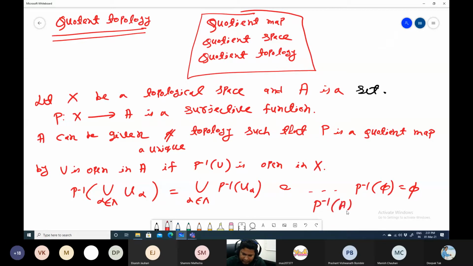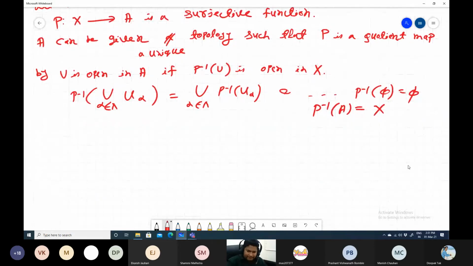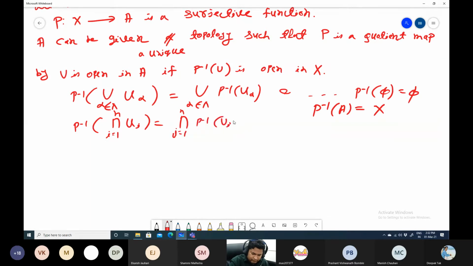Since P is surjective, P inverse of A is X. Also, P inverse of the intersection of U_i for i equal to 1 to n is the intersection of the P inverse U_i. Okay, so this satisfies all the properties. That means finite intersection, arbitrary union, empty set, and the whole space are all open. So this forms a topology. Okay, and by construction it is unique because we are defining it in this way only.